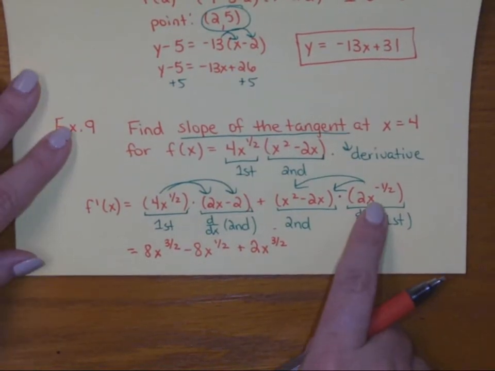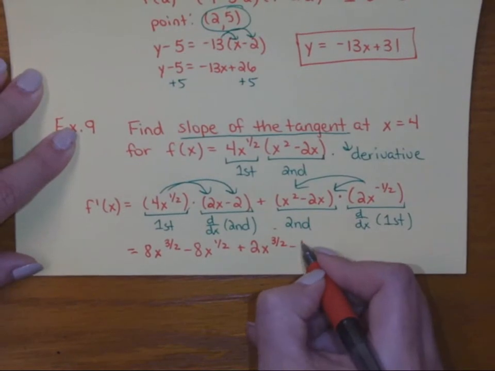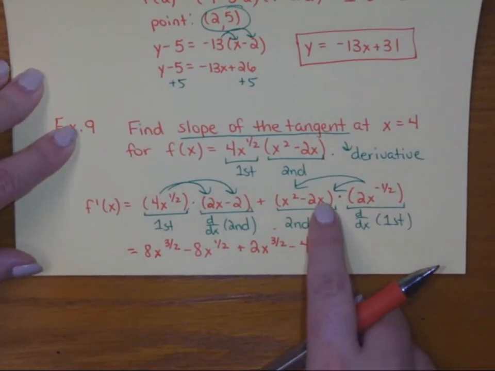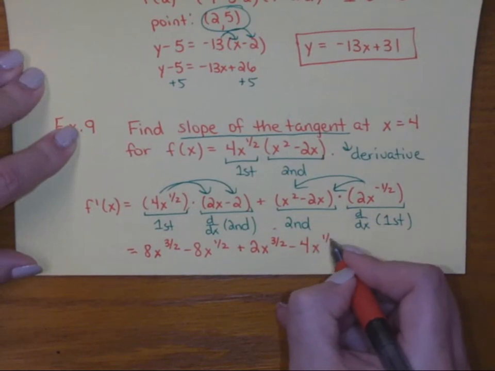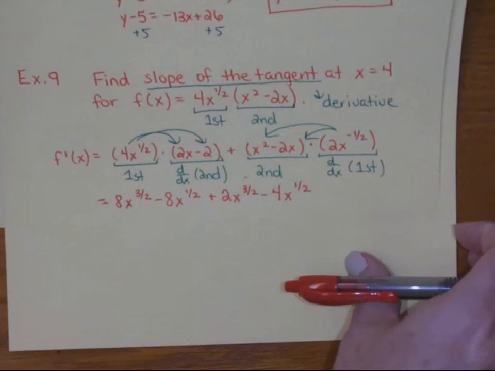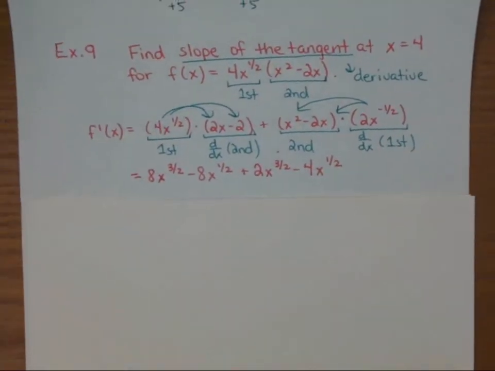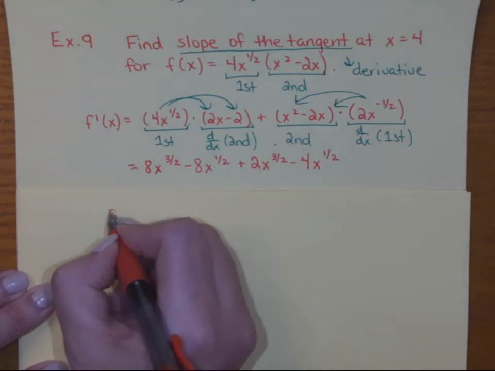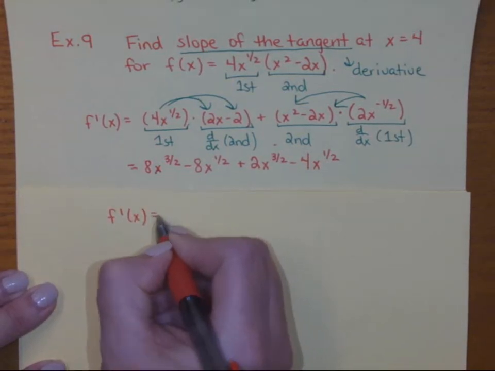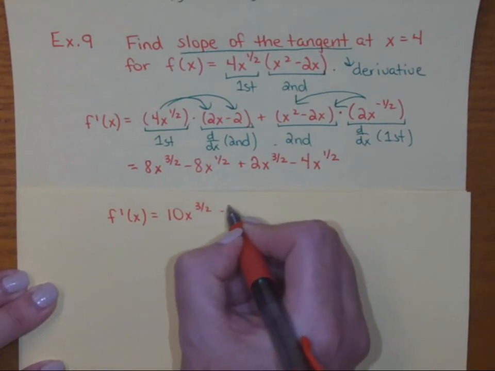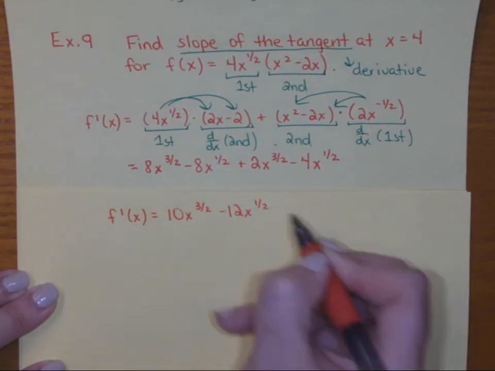And then if I do this times this, I'll have a minus 4, right? 2 times 2 is 4. But then if you add negative 1/2 plus 1, you're going to get 1/2. So if you must, use your calculator, but you should be able to add things like 1 and negative 1/2 without a calculator. Now we do have some like terms, so the derivative equation looks like 10x to the 3/2 minus 12x to the 1/2.